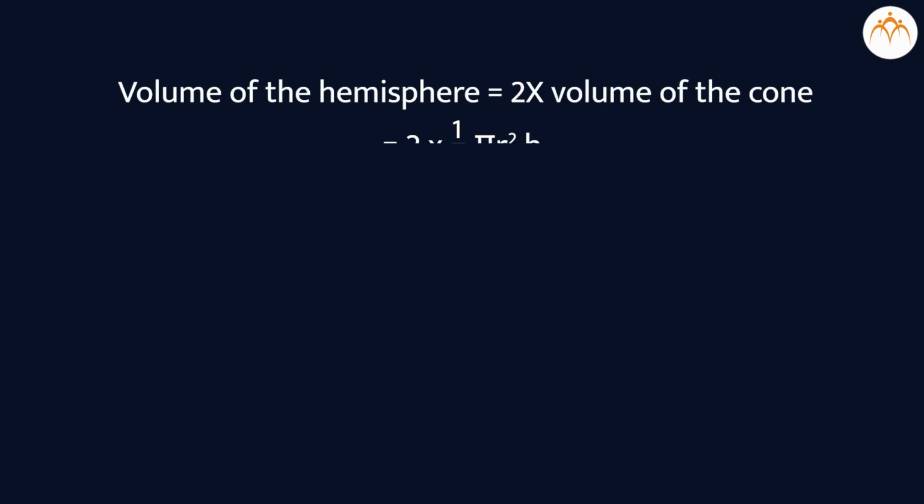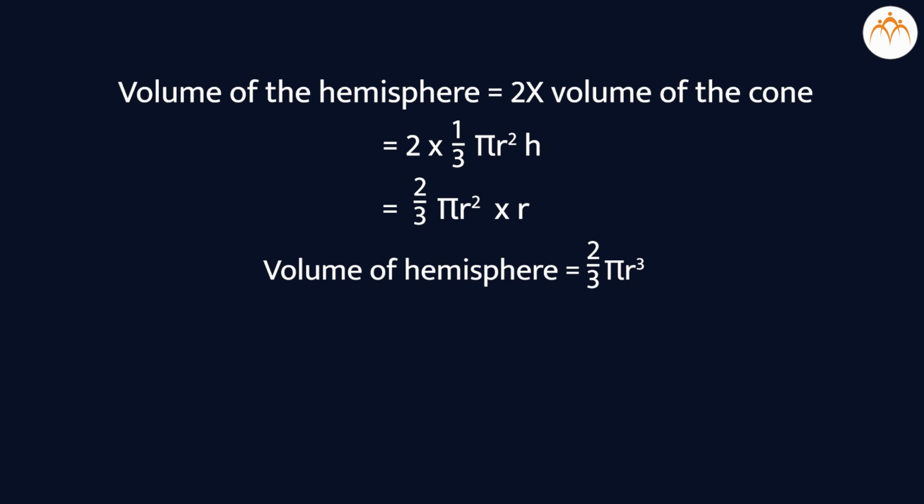It takes 2 cones. That means volume of the hemisphere is equal to 2 into volume of the cone, which gives us 2 into 1 upon 3 pi r squared h, which is equal to 2 upon 3 pi r square into r. Volume of the hemisphere is equal to 2 upon 3 pi r cube.